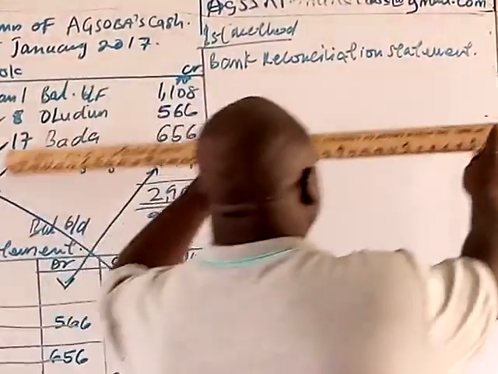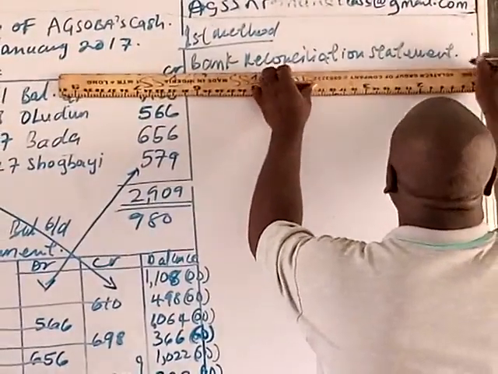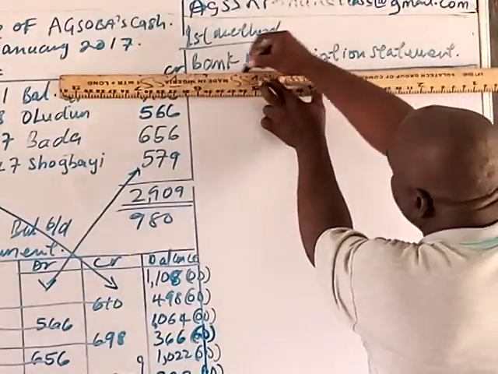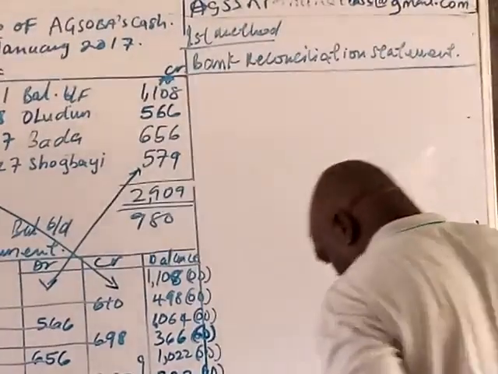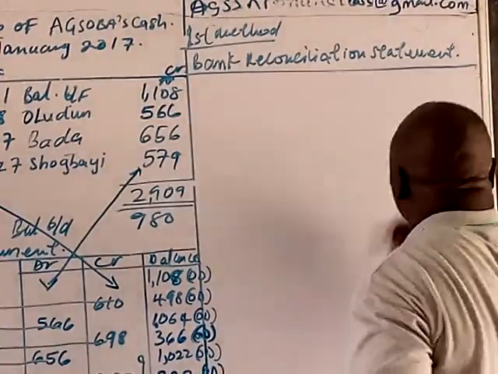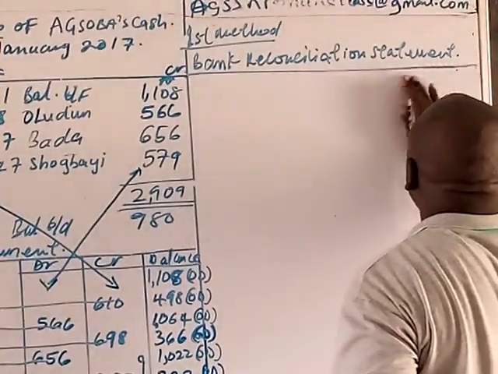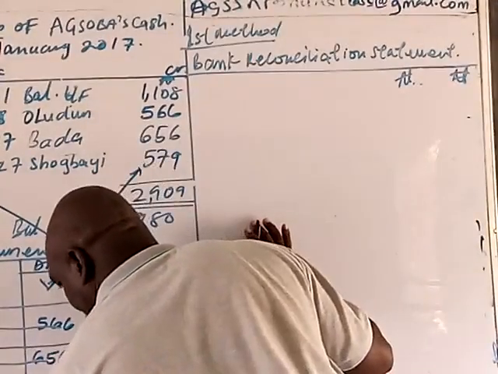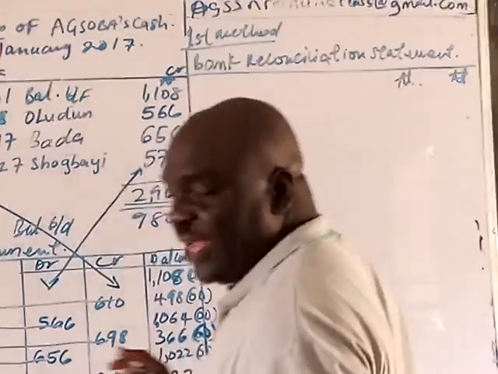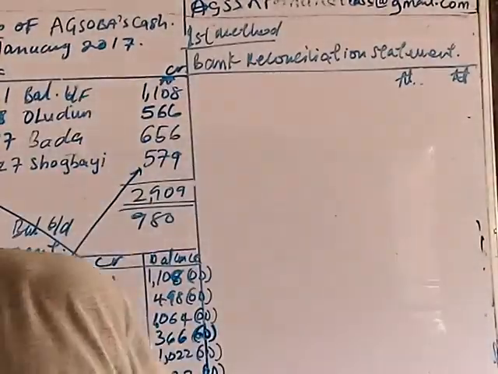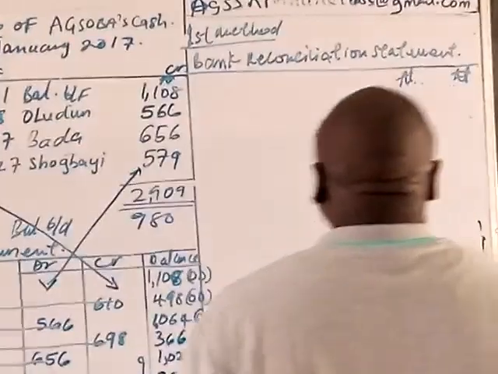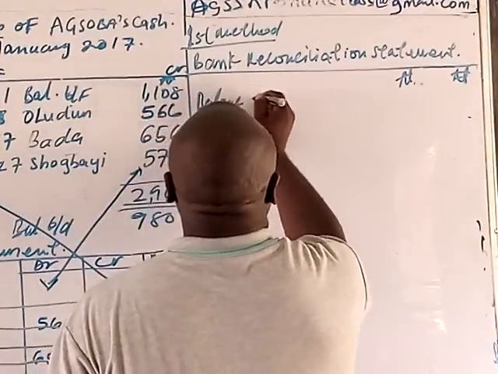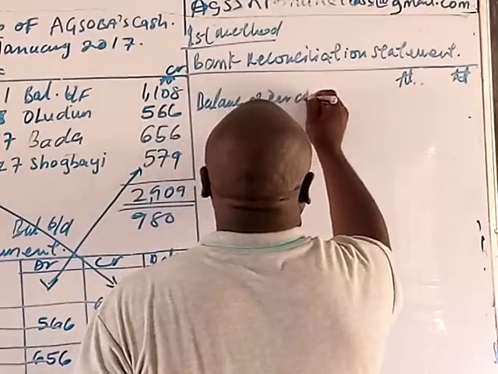Now, you underline it. You put your Naira sign. Then you start as regard the balance as per cash book.